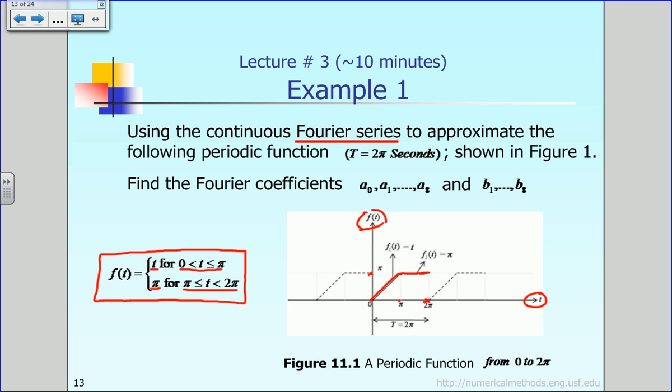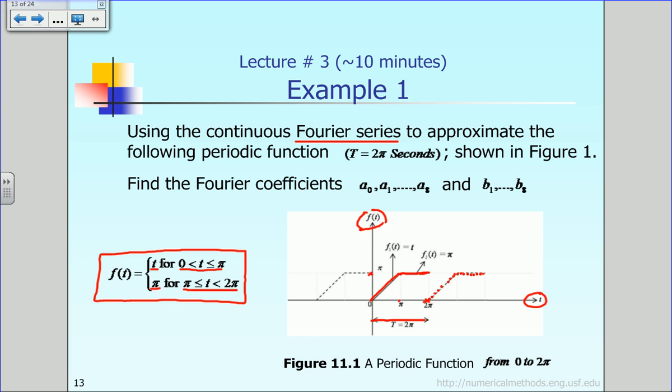So you can see the period capital T goes from 0 to 2 pi in this particular example. And after the period 2 pi, the function repeats itself, as you can see from the dotted figure in here. So the problem becomes: given a periodic function f of t defined between 0 and 2 pi, how do we represent this periodic function using Fourier series?